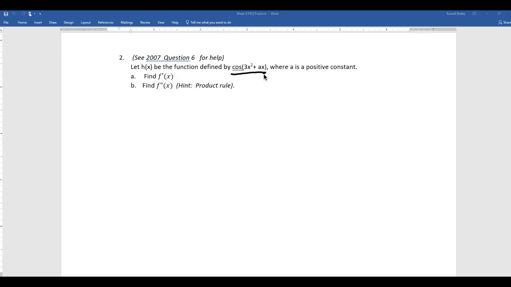So if h of x is equal to cosine of 3x squared plus ax, I just realized I have an error, that was supposed to be an h on both of those. We want to find for part A, h prime.